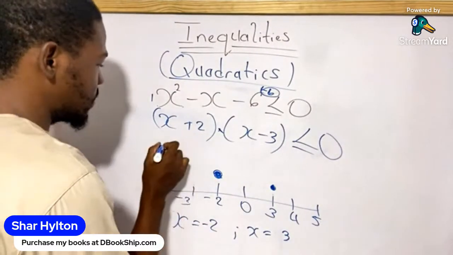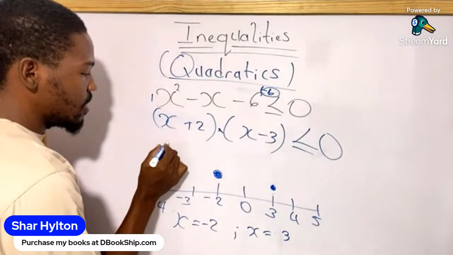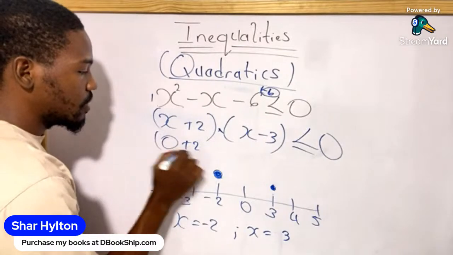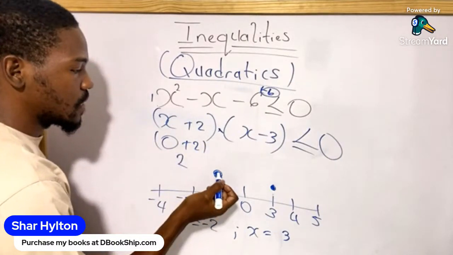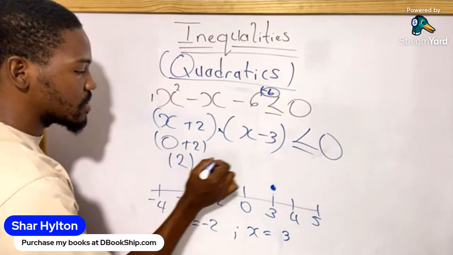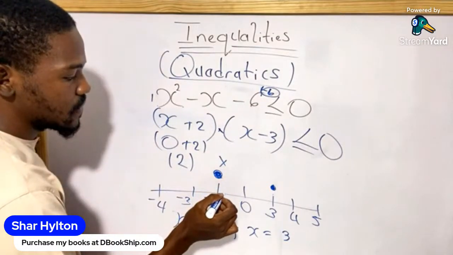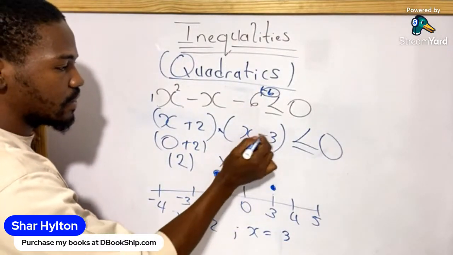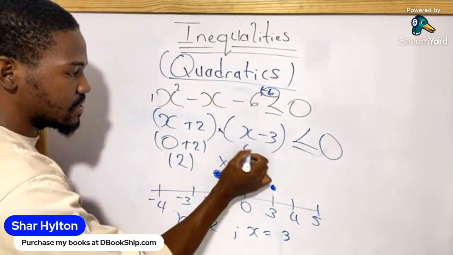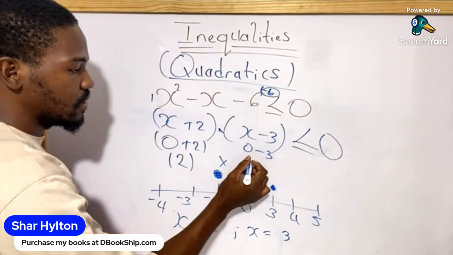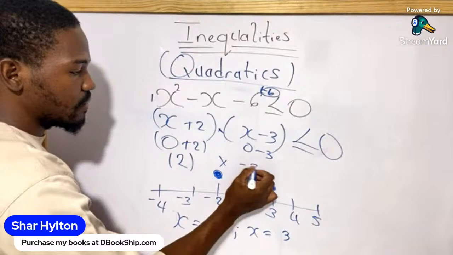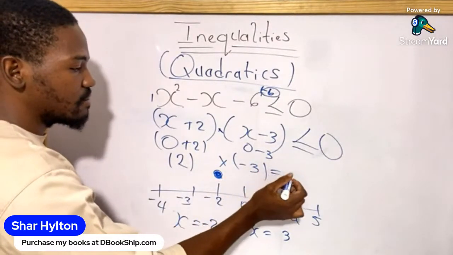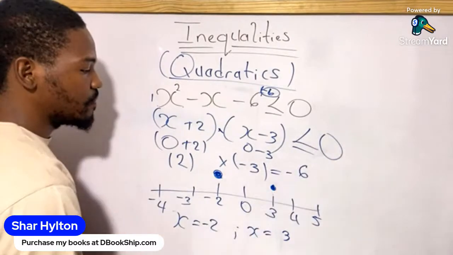If x is 0, so this is between now, then 0 plus 2 is actually going to be 2, right? And we know that we're multiplying, so with x as 0, 0 minus 3 is going to give me negative 3. 2 multiplied by negative 3 is going to give me a negative answer.